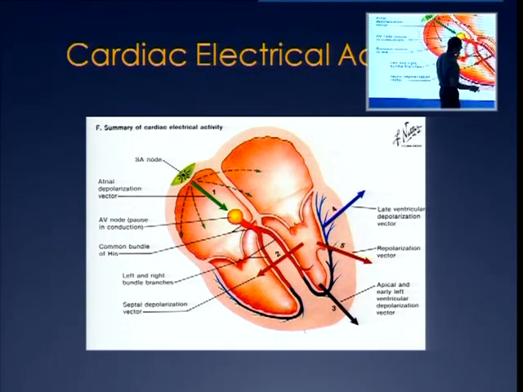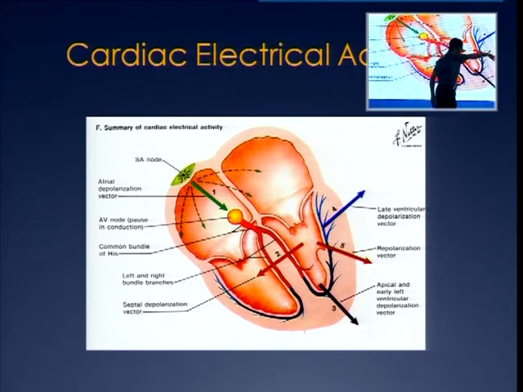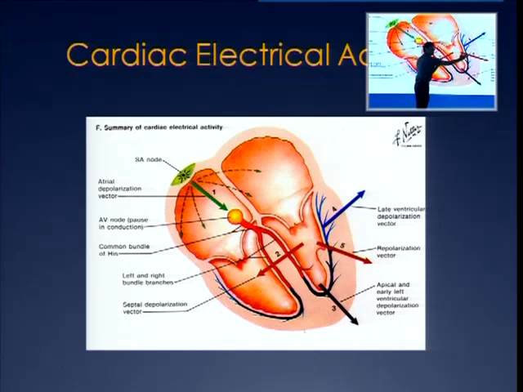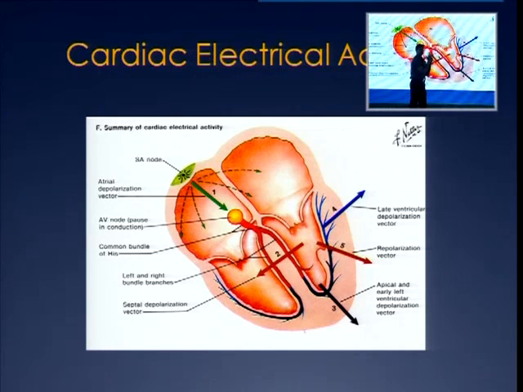And then the final activation is towards this way, towards the left ventricle, because the LV thickness is much greater than the RV, and so the RV activation gets drowned in the electrical forces generated by the left. Why is it that the left ventricle is thicker? Because it's pumping against the aorta, or into the aorta, whereas the RV is a low pressure chamber pumping into a low pressure system, which is the PA.